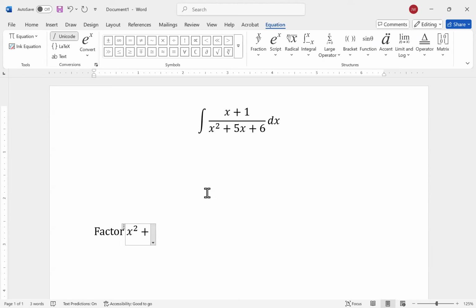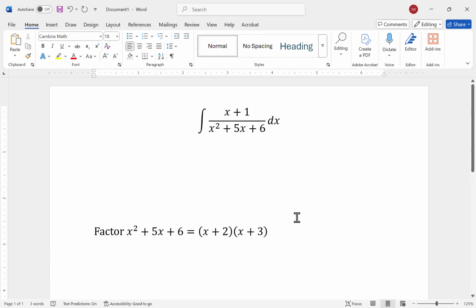So we factor x squared plus 5x plus 6. Now, that actually factors into a pretty easy thing. Factors of 6 that add up to 5 are 2 and 3. So I would get x plus 2 multiplied times x plus 3 as that factor.